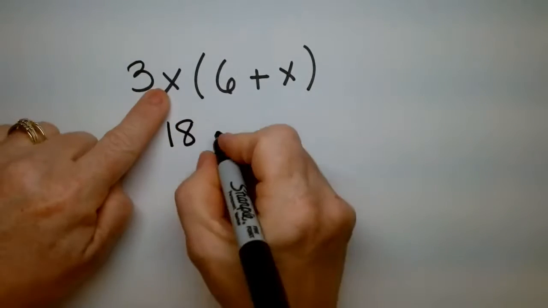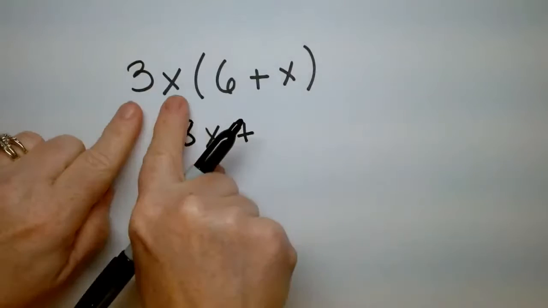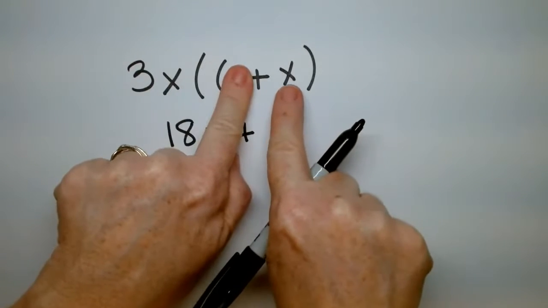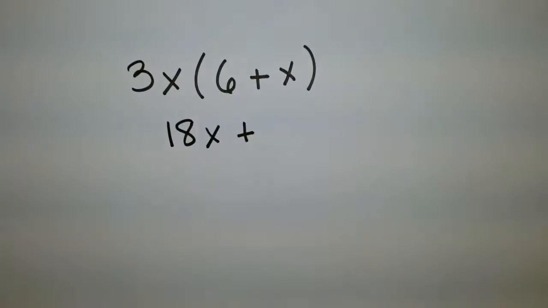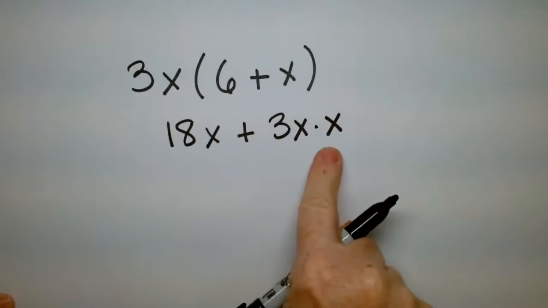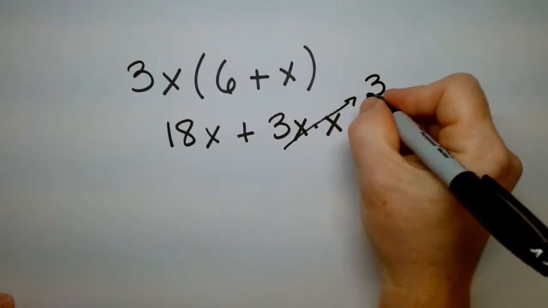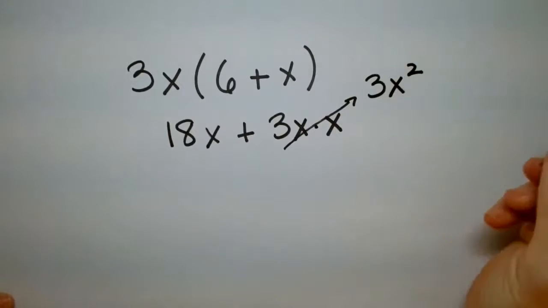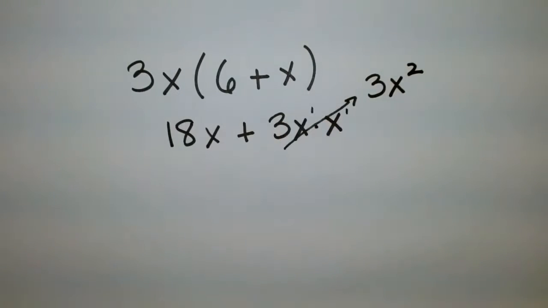And then this is the x plus, what's 3x times just plain old x? 3x times x is going to be 3x times x. We like to write that as 3x squared because this is an x to the 1 and an x to the 1. 1 plus 1 is 2. So that is how we get our x squared term.